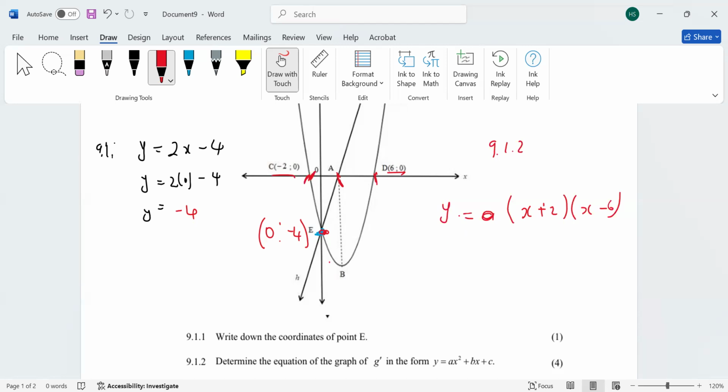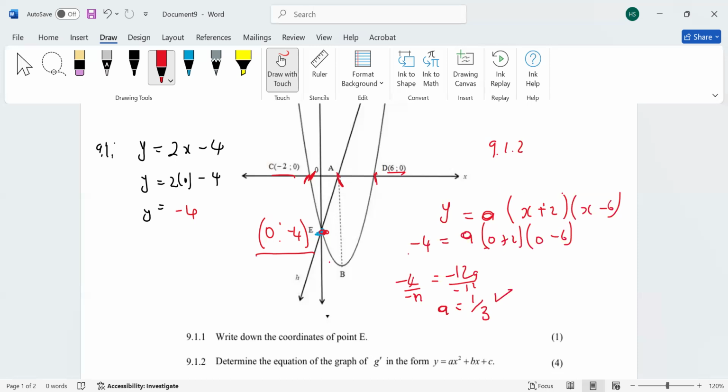Then we want to get a. We use this point: minus 4 equals a times (0 plus 2) times (0 minus 6). That gives minus 12, so minus 4 equals minus 12a. Divide by minus 12 on both sides, and a is equal to 1 over 3.